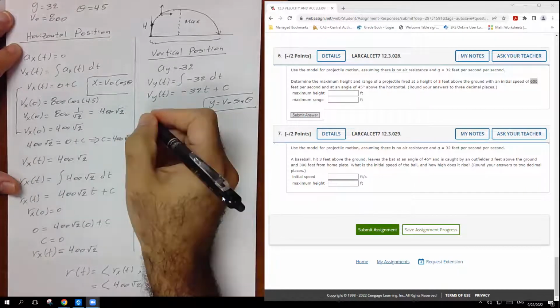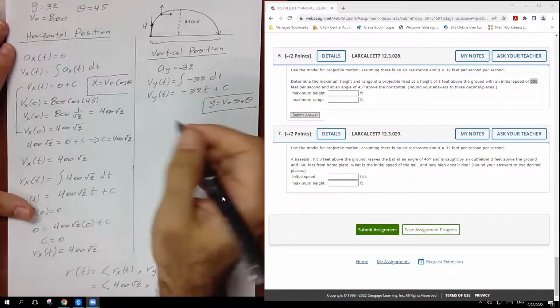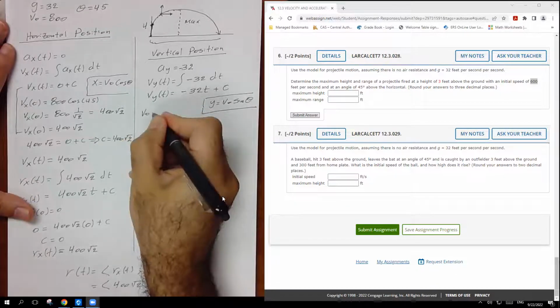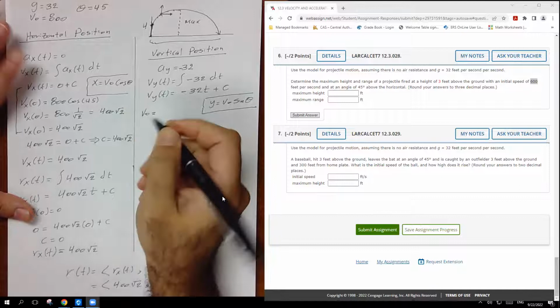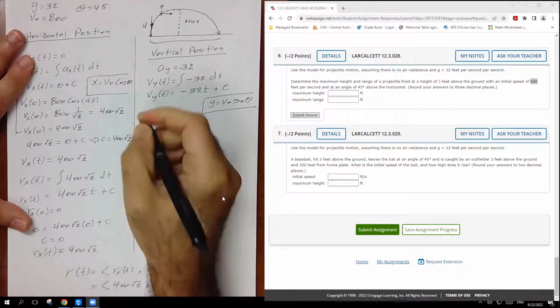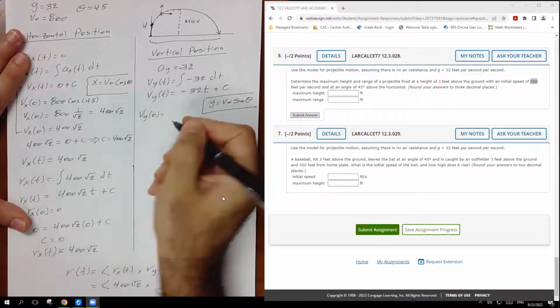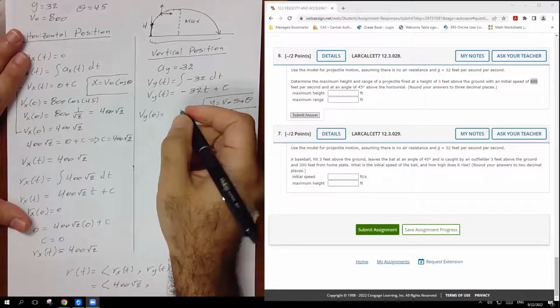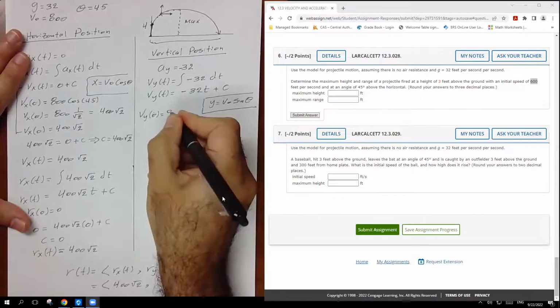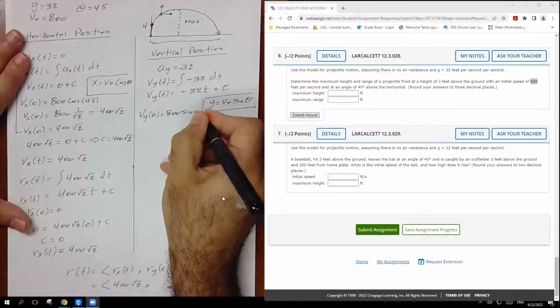With the initial point, v sub y at 0 is going to be equal to 800 sine 45.